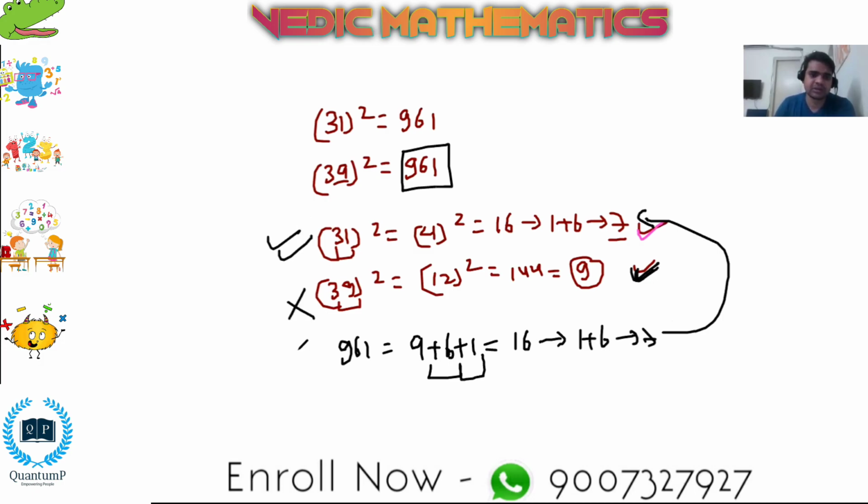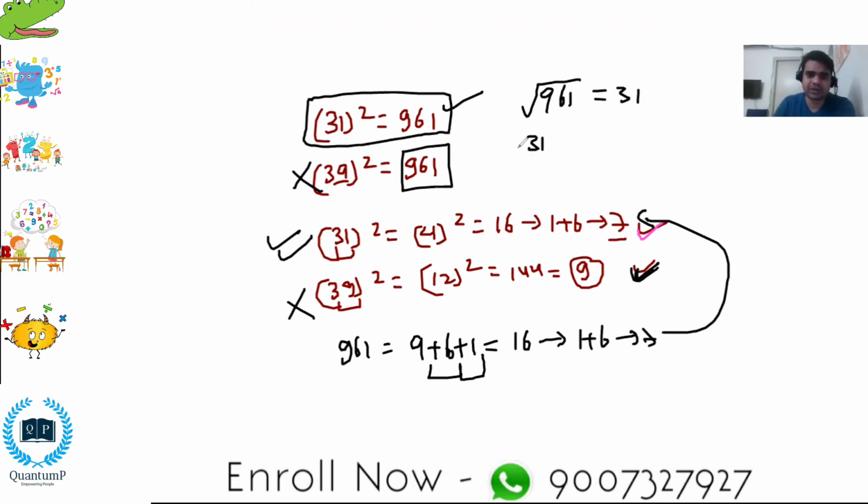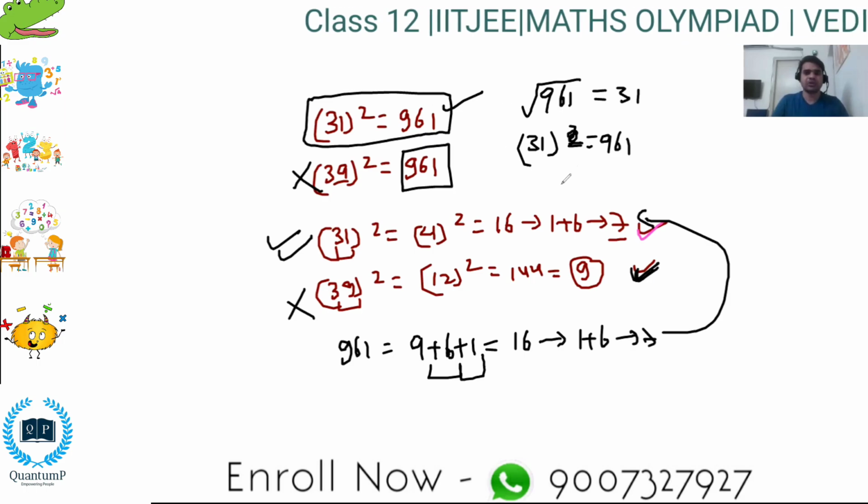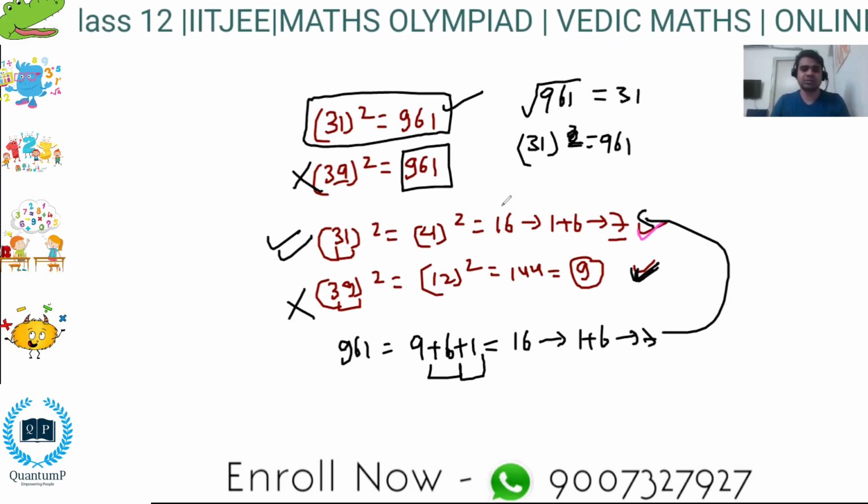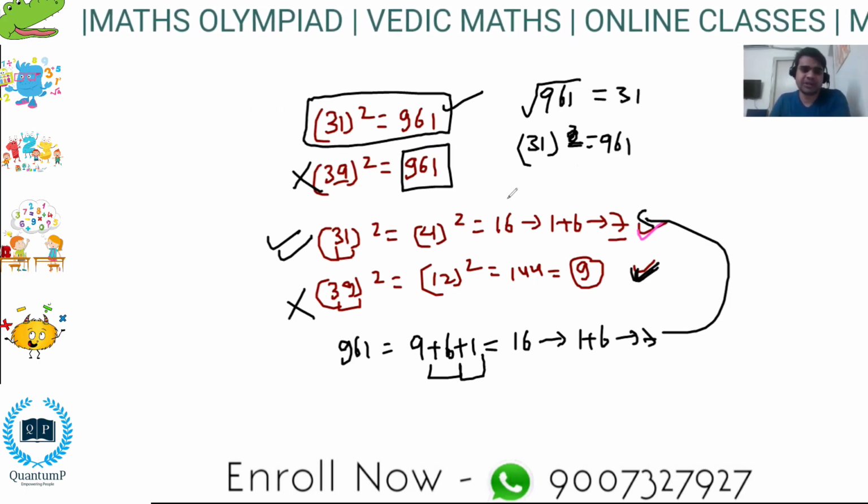This answer is not valid, so we'll cross this. So for 961, the square root of 961 is 31. Or you can say even 31 square is equal to 961. See how easy it is, right? So you can find the square root by this method very easily.